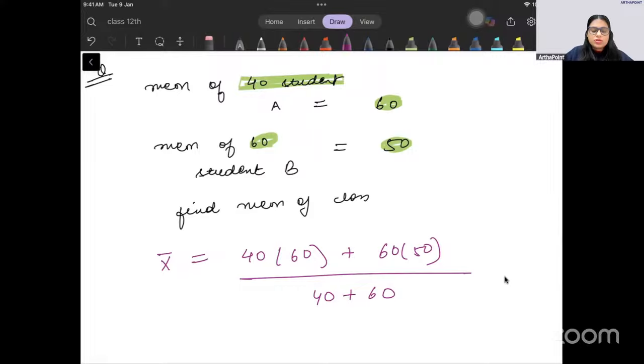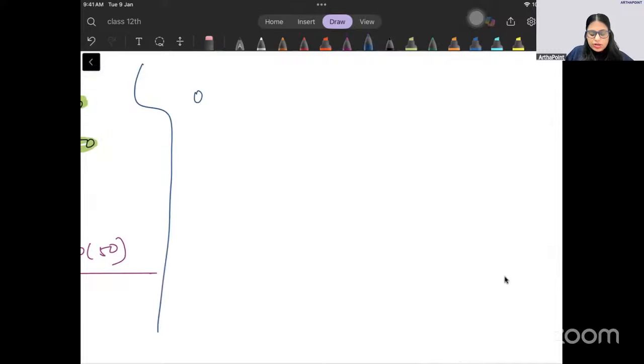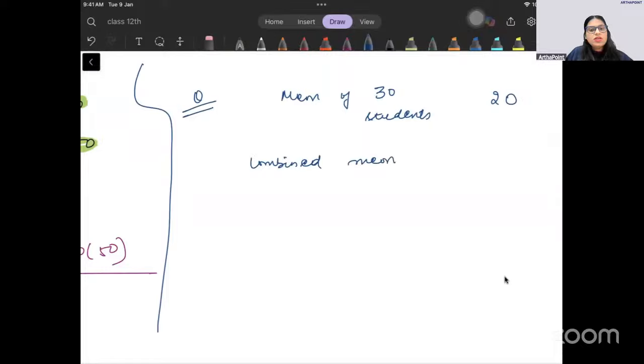Now suppose I reverse the question and you are given that the mean of 30 students is 20, right? Combined mean is 26.